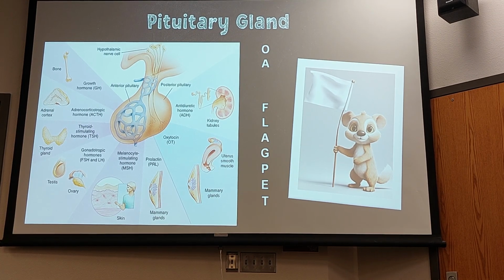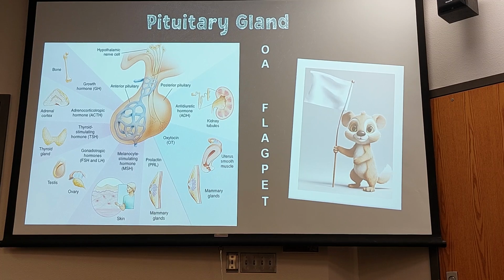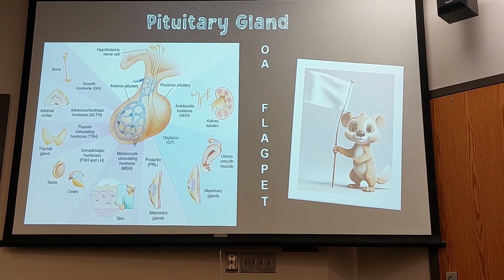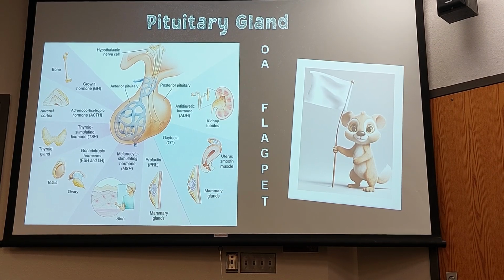And then there's this little algorithm right here, or mnemonic. What's that? I can't remember the word. A flag pet. It's just some cute, silly thing. Somebody came up with it, I did not come up with this one. I'll not take credit for it. But the O and the A are your hormones that are in the posterior pituitary, so oxytocin and the antidiuretic hormone.